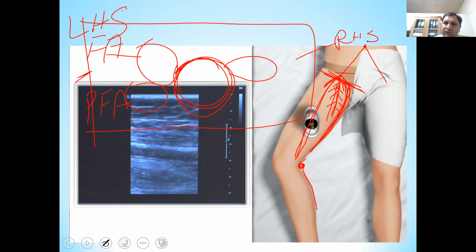And if you are performing examination of the left leg, then this orientation will be like this.